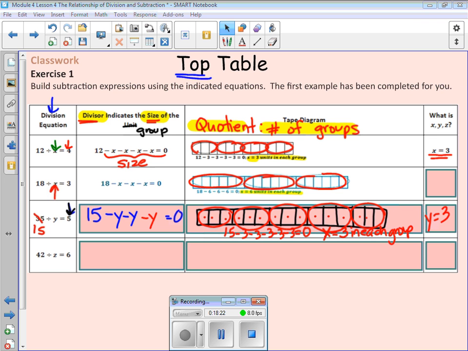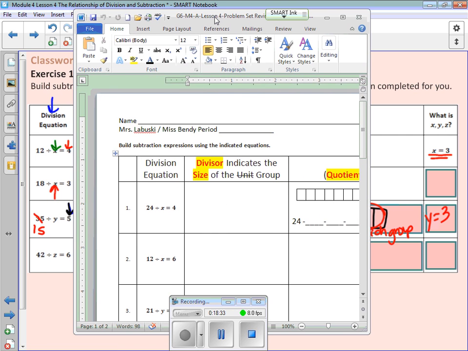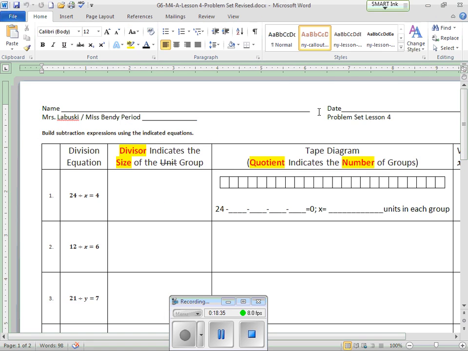I made your homework a little bit easier for you. I did email it home, but you don't have to use the one that I emailed home. Turn to your homework and look at your problem set.